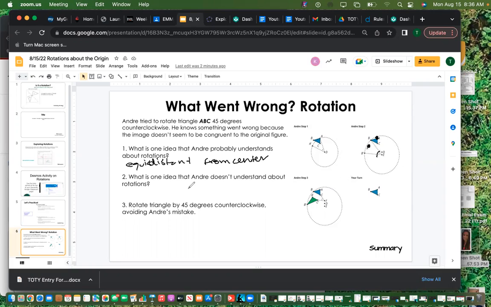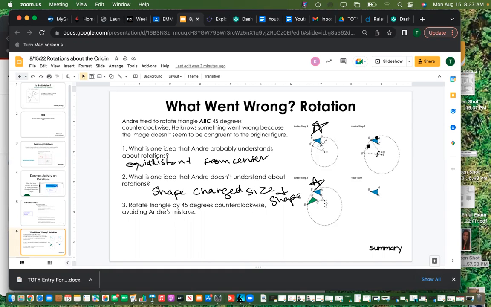Another thing that he doesn't understand about rotations is that it's got to be a congruent figure. So from this step to this step, we see that the shape changed size and shape because it went from being a regular triangle to now like a right triangle that's bigger. And then what you're going to do is rotate it 45 degrees counterclockwise.